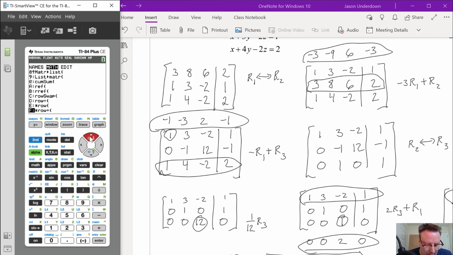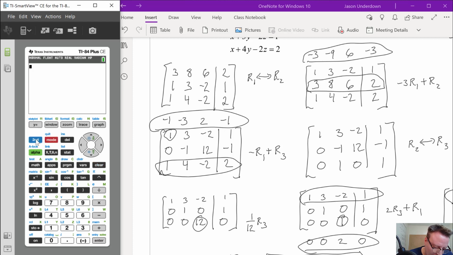So I'm going to just cursor up to there, hit enter. Oh, that's not what I want. What this will do is it'll put that function into the first cell of that matrix. That's not what I want. So let's just quit out of this.